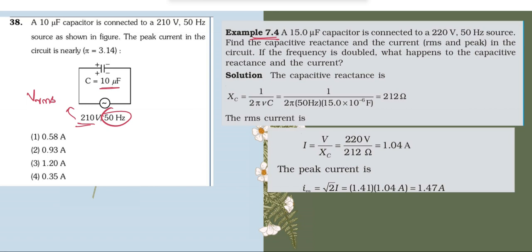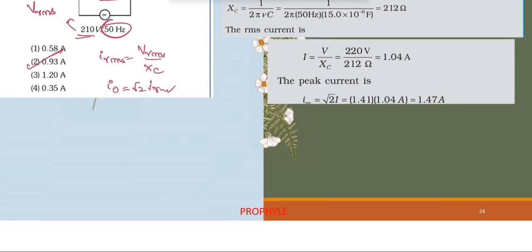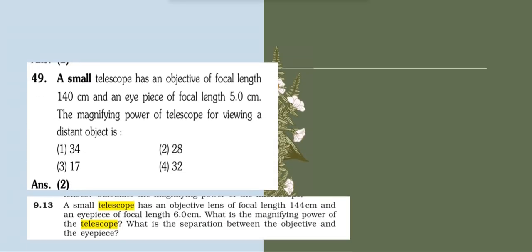As this is VRMS, we can calculate IRMS. IRMS will be VRMS by XC. If you know that, then I naught is equal to root 2 into IRMS. If you solve this, you will get 0.93. But it will be very helpful for those students who practice this NCERT example. A direct question based on that NCERT model was given.